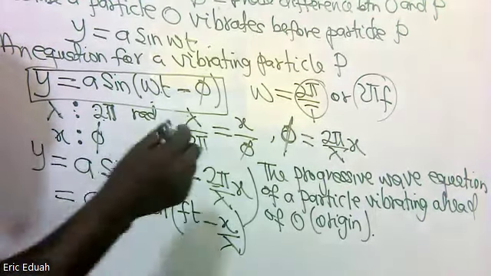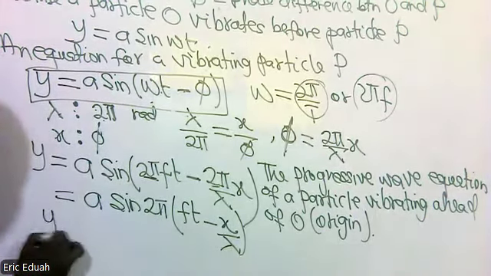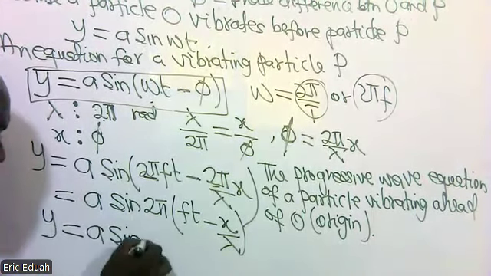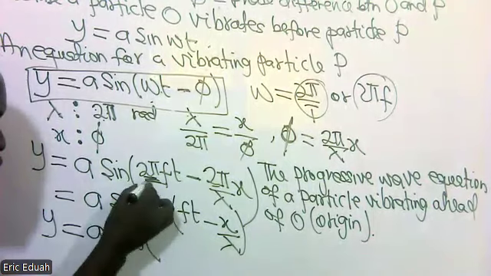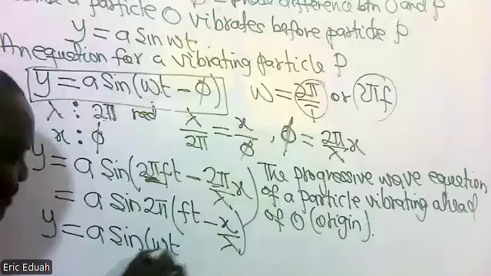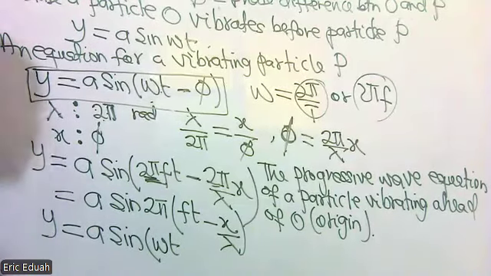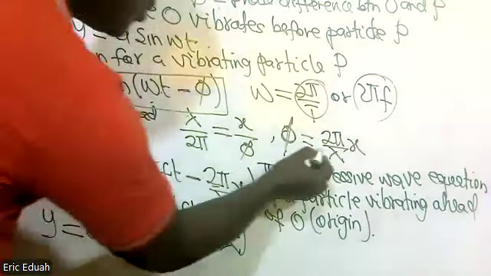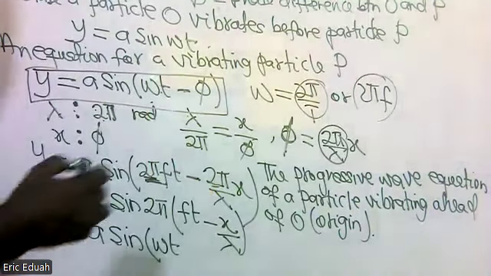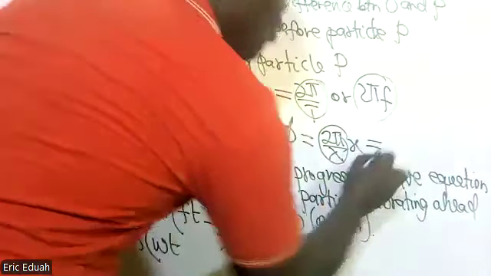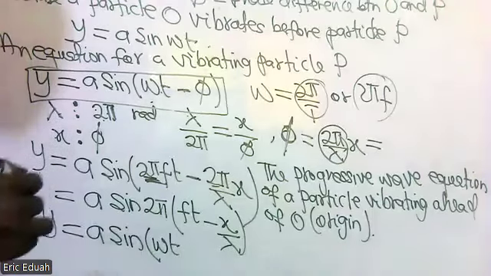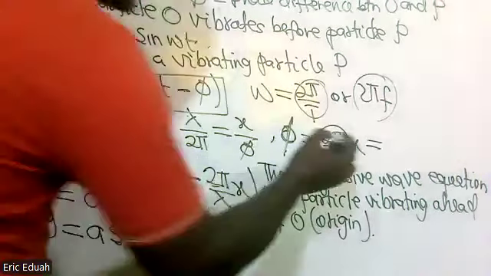But if you want to compress it, y is equal to a sine, 2 pi f is omega, t. Then you see this ratio, 2 pi over lambda, is known as the angular wave number, represented by the letter K.